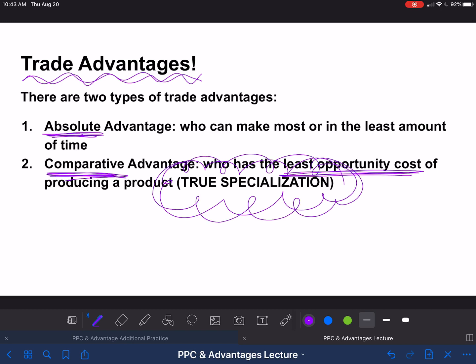So the most efficient way to determine a trade advantage is through comparative advantage, because we are going to look at a true specialization for that one product. You can use absolute advantage, but comparative advantage takes into account the opportunity cost, or what we're losing to produce the other product, and focuses on true specialization.